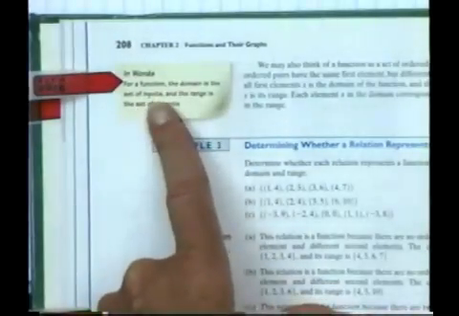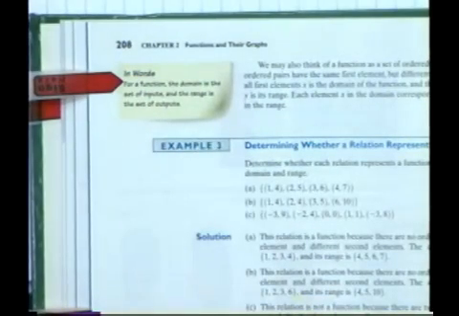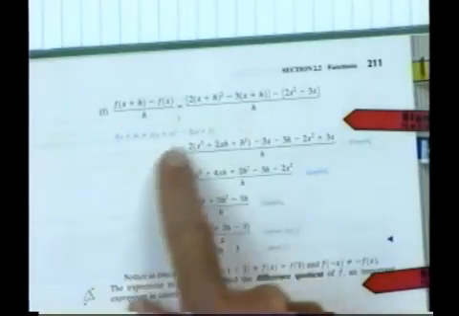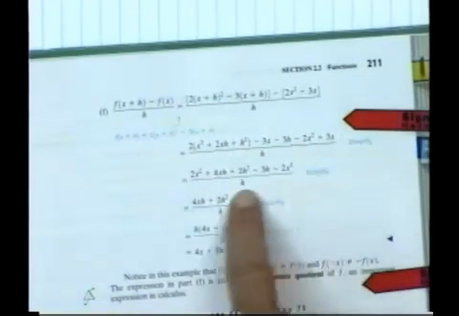Another thing that I like about the book is that sometimes it'll just give you in plain old words what they're telling you instead of the mathematical formal definition. Another part that I think they do a good job in this book is, here's an example. I'm on page 211 at the moment. Here's an example, and they really are telling you what they did in each line.